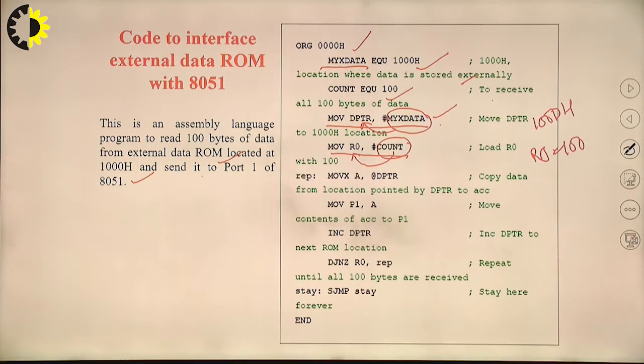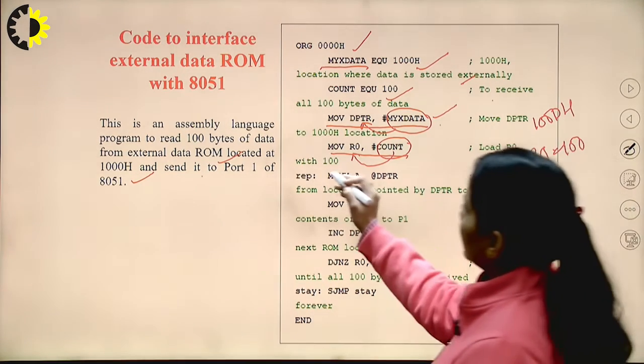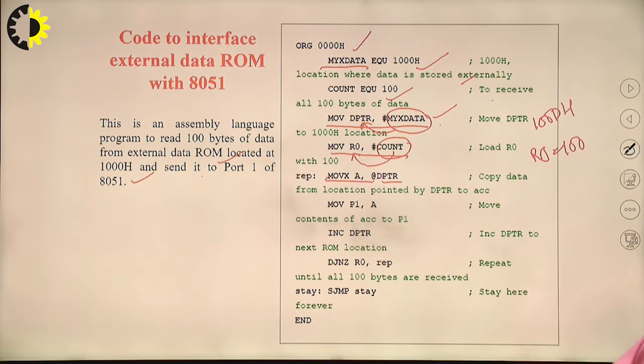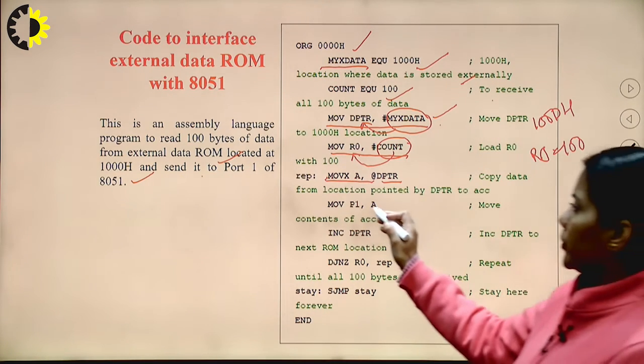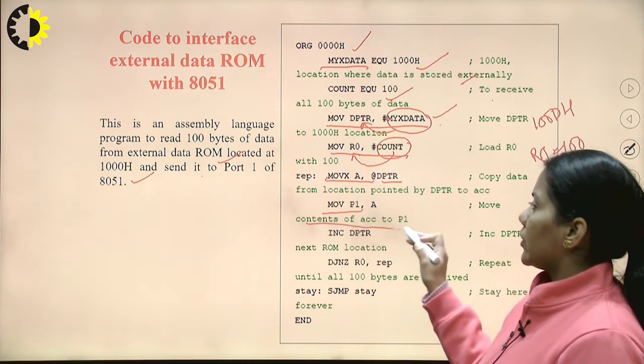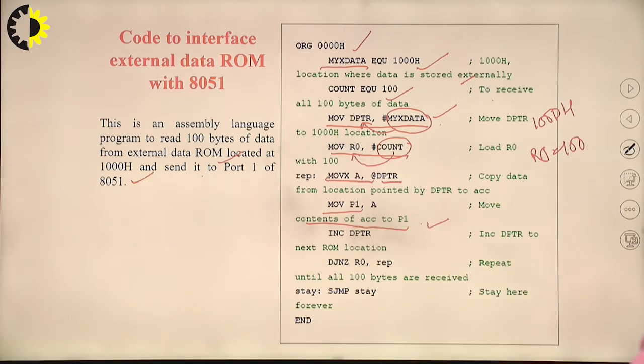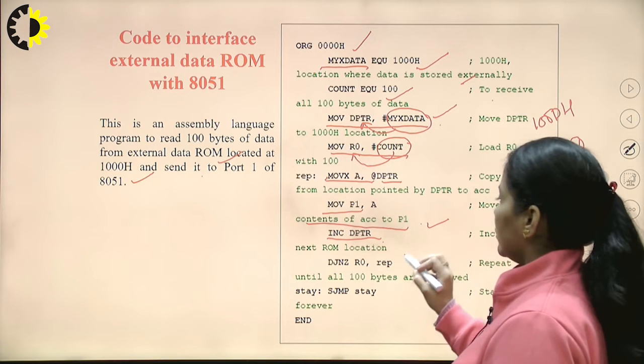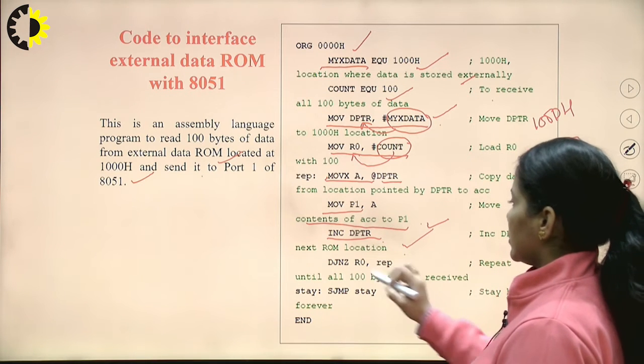Now MOVX A, @DPTR, that is, the data is copied from the location pointed to by DPTR to the accumulator. Now here MOV P1, A, that is the contents of the accumulator are moved to P1. Now DPTR is incremented, that is the next location is reached.